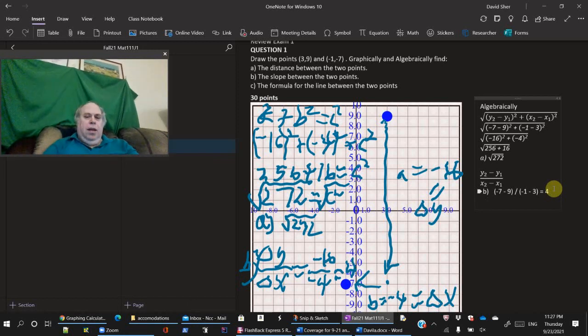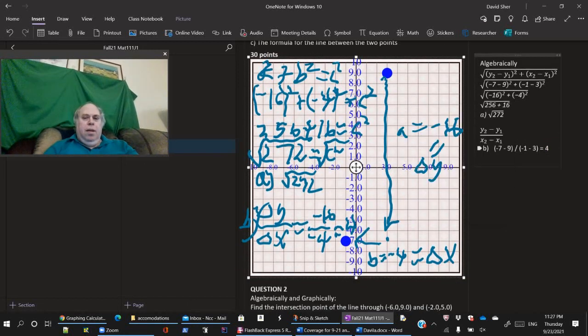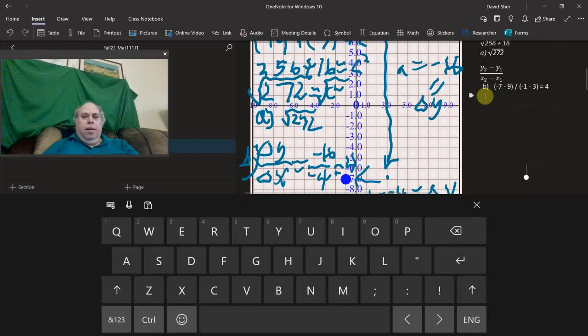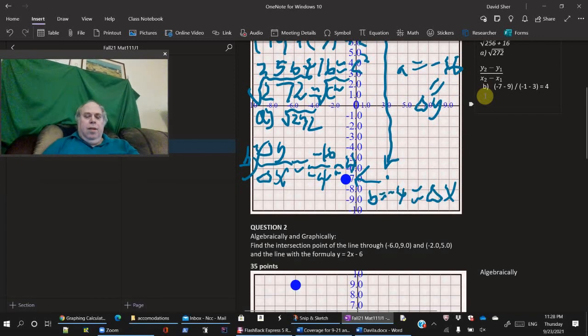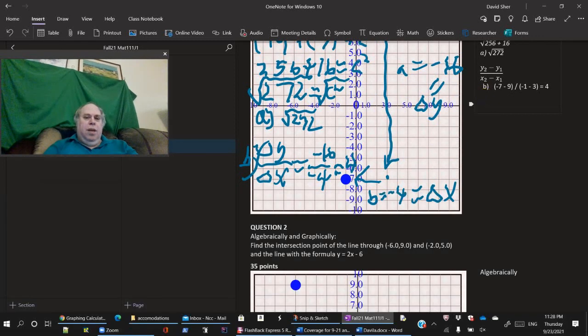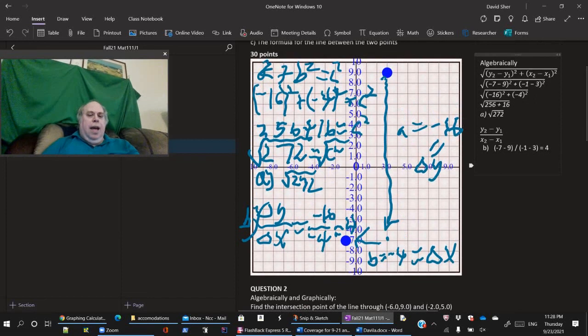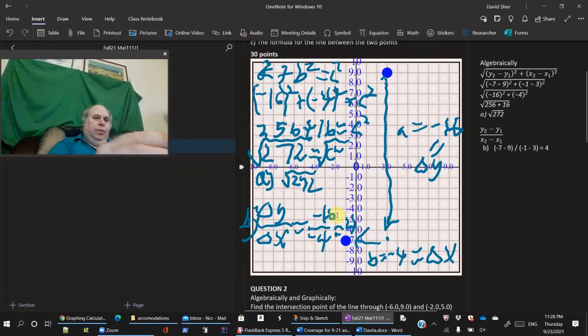Now part C is going to be, okay, now that I found the slope is 4, I'm going to go from the first point to the last point. I'm going to drop down dots.